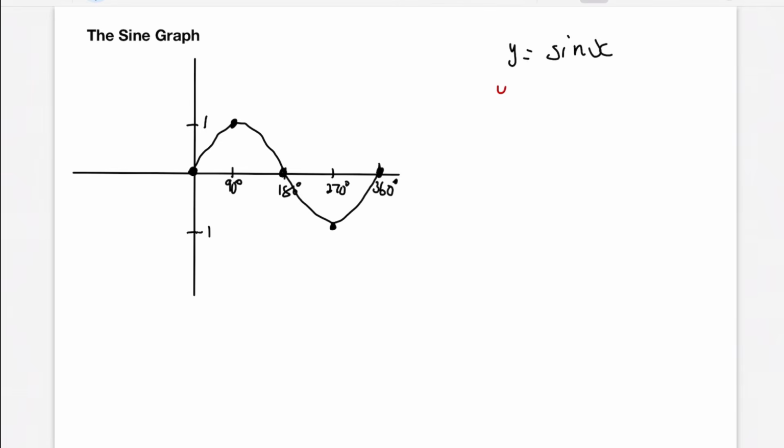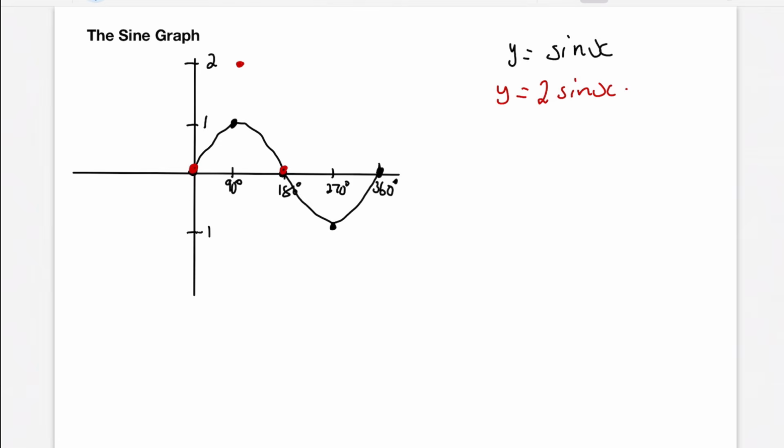For example, we could change it to y is equal to 2 sine x. Now what this does is it stretches this graph vertically. So it'll still start at 0, the origin, and it will get to its highest point at 90 degrees, but its highest point will now be 2. It will then go right back down to the origin at 180 as usual.